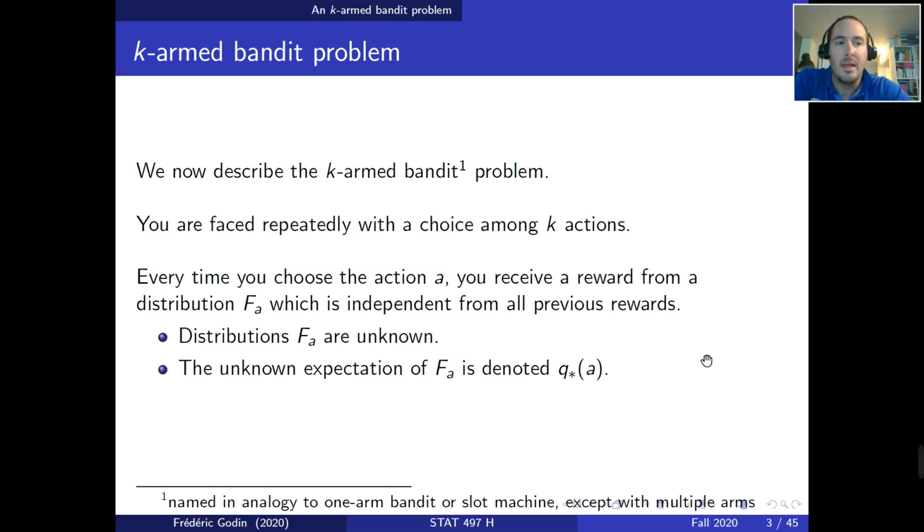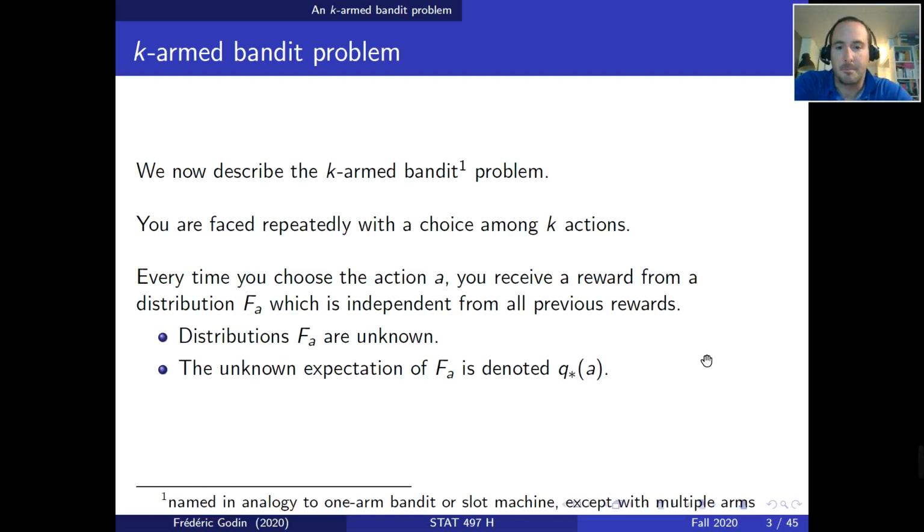In the K-arm bandit problem, you are faced repeatedly with a choice among K possible actions. You can think of K possible levers, and at each time step you select one of the levers.